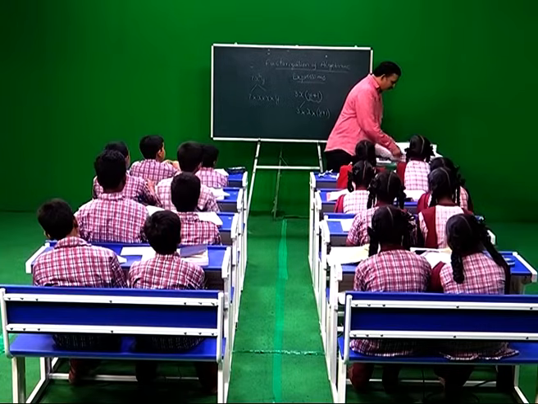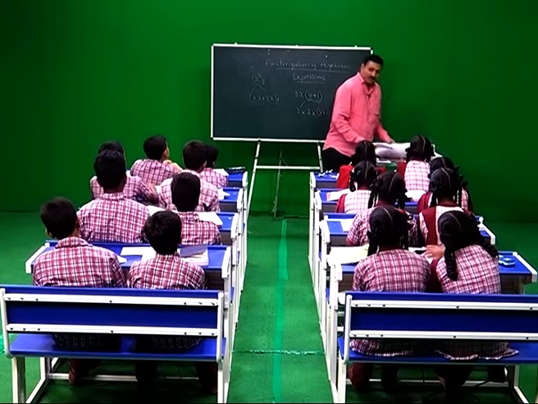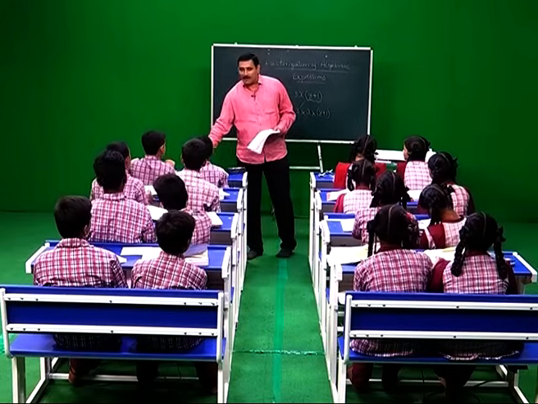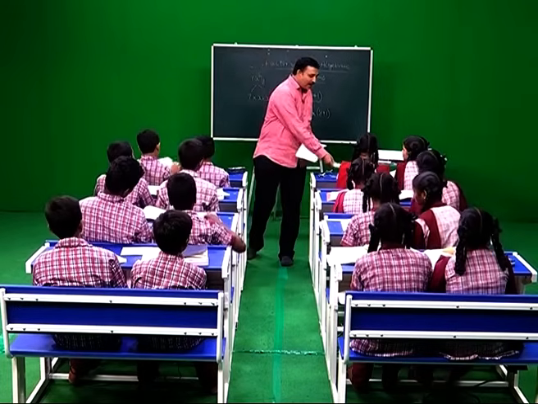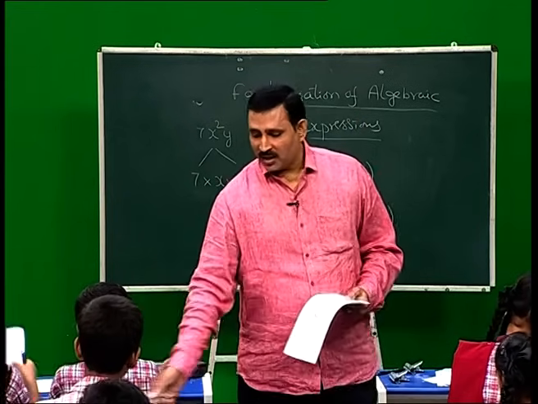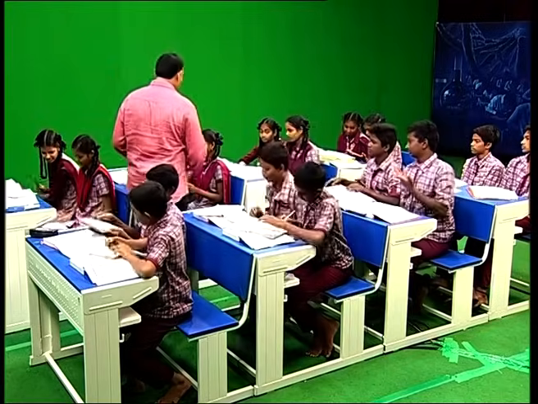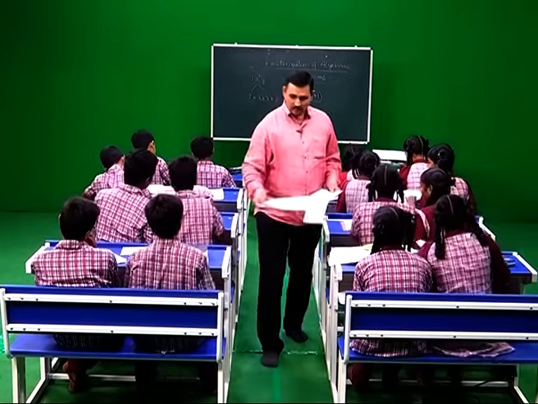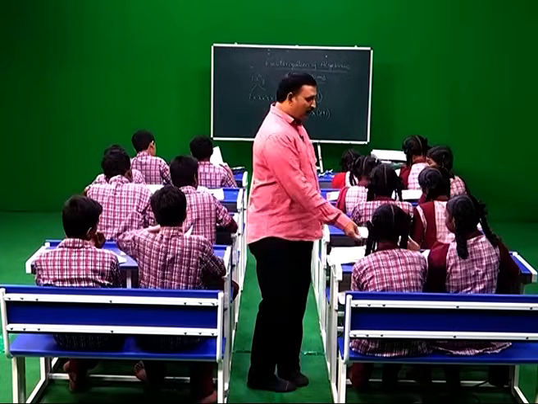One expression for each group. You have to split them into factors, and you have to find out which are irreducible factors and which are prime factors. All of you try that.